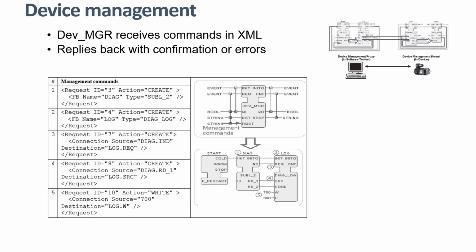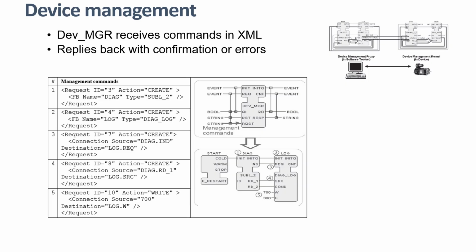You can see that the set of management commands is executed one by one. The engineering tool first creates a function block with the name diag of a type sub L. Then it creates function block log of the type dialog, and then it starts creating connections between these blocks.